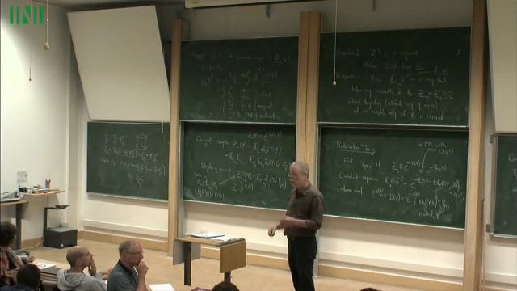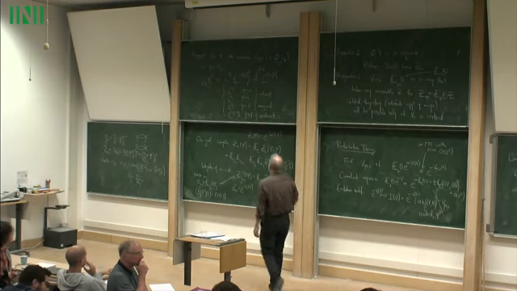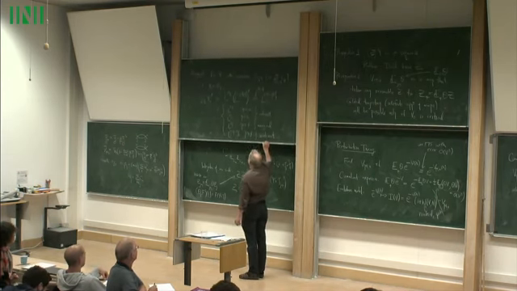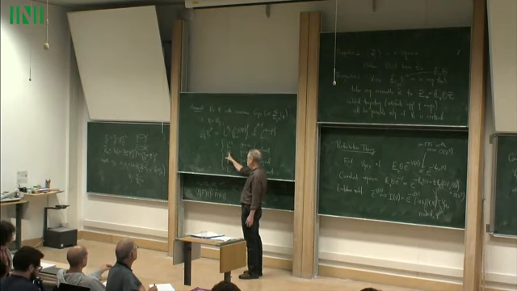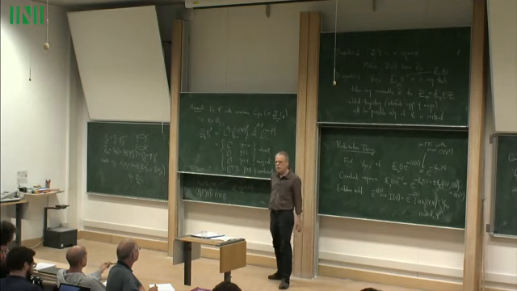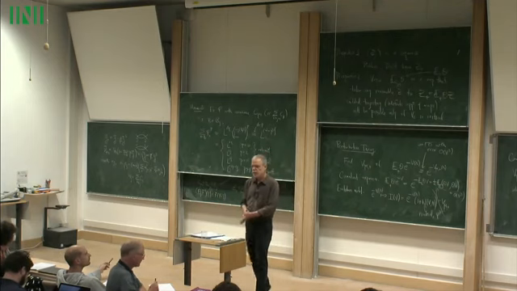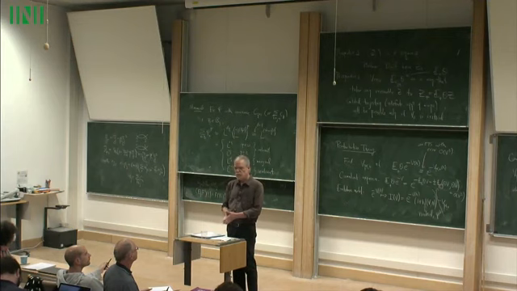Then the rest of the story goes the same way, except this d minus 2 becomes d minus alpha, and this 2 becomes an alpha, and this 0 becomes an epsilon. And so this marginal direction becomes relevant in that case. Good.